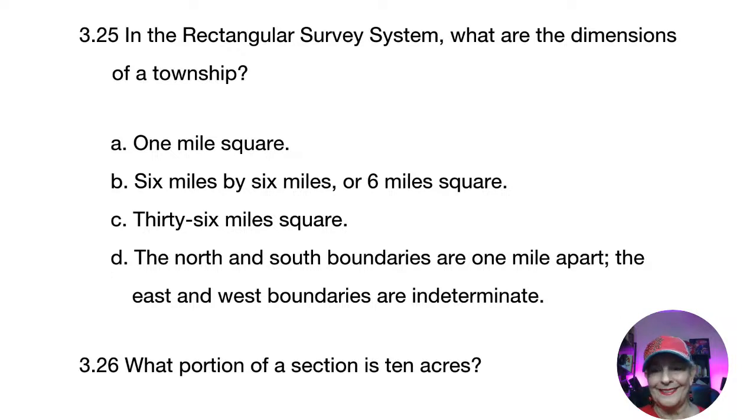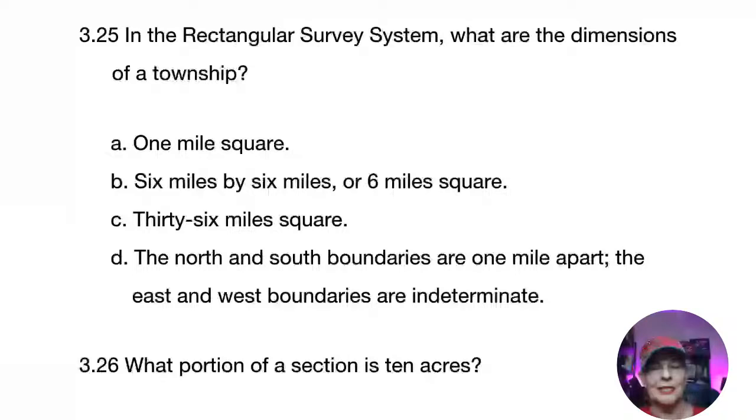So I mentioned just a moment ago that it was 6 miles by 6 miles, and it has 36 sections, each 1 mile by 1 mile. So you have 6 sections that go east and west, 6 sections that go north, and those 6 going north and south.